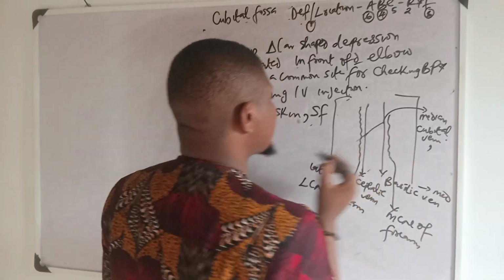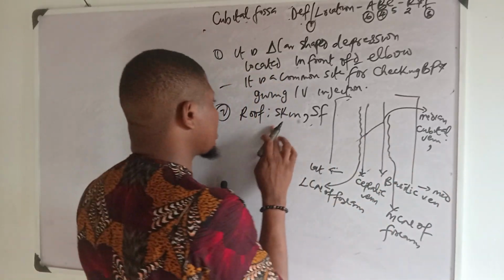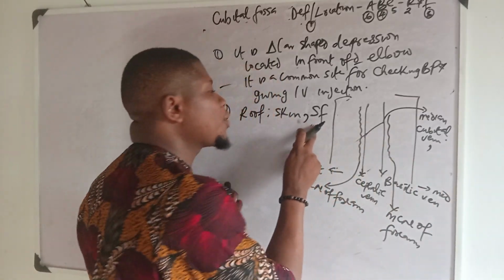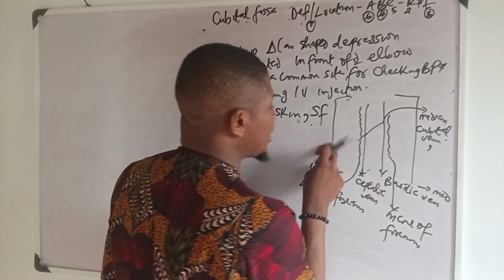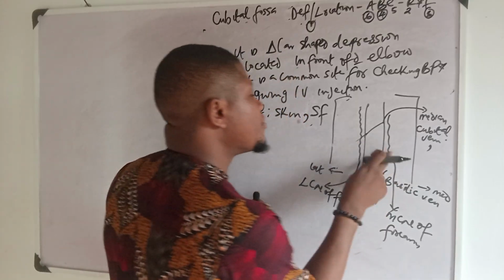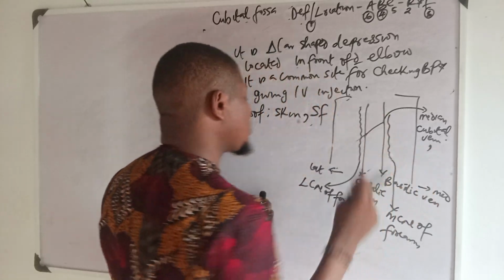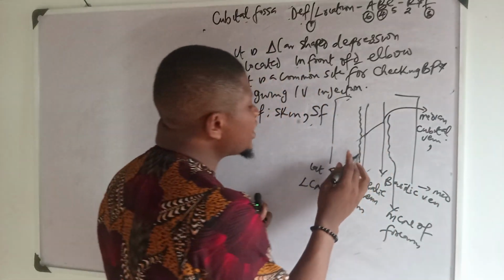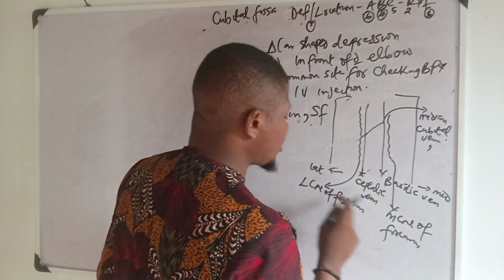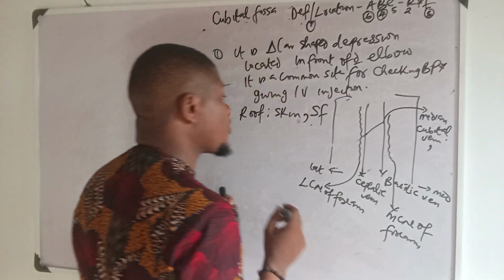Then the roof is made up of skin, superficial fascia, and deep fascia. In the superficial fascia, three veins: cephalic vein laterally, basilic vein medially, median cubital vein joining both of them. Then the nerves that accompany them are the lateral cutaneous nerve of forearm and medial cutaneous nerve of forearm.